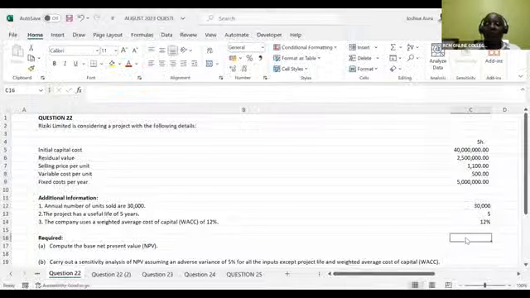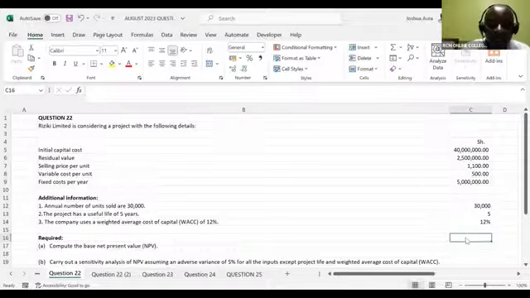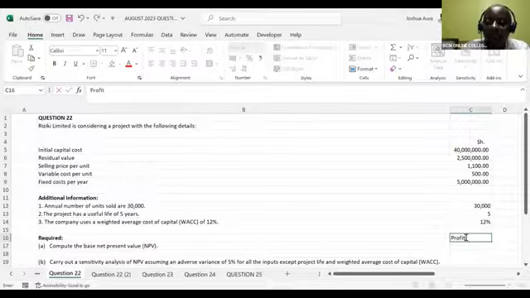If you remember, ladies and gentlemen, there is a very important formula that I must always remind you, that anytime you want to get profit in this kind of situation, you'll be taking the price given, you subtract what we call variable cost.